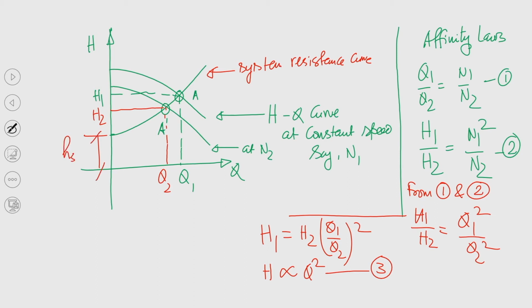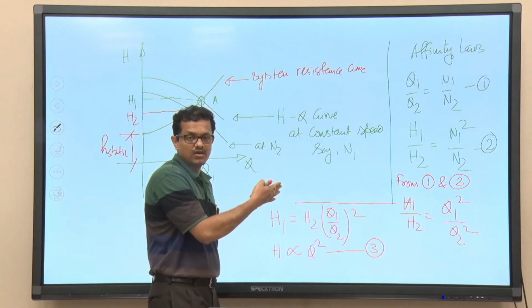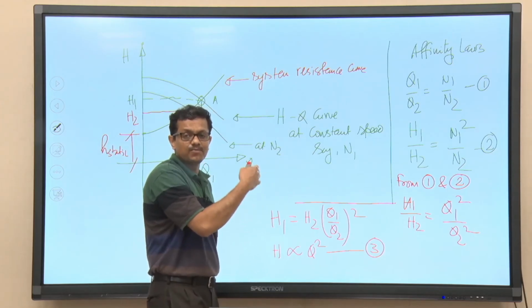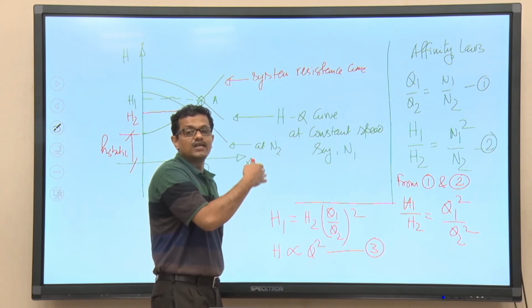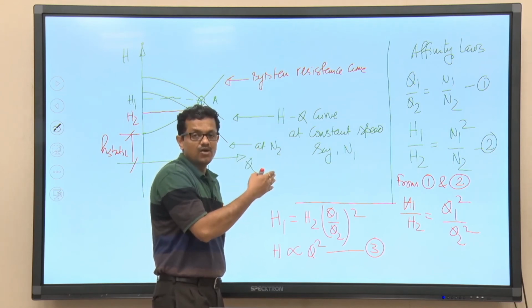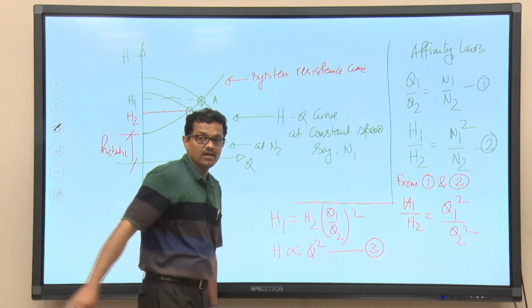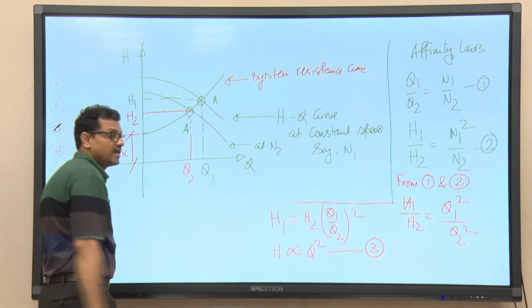So, if we make the static height equal to 0, then we can say that when static height is equal to 0, all similar points which are obtained at different speeds, in other words all similar points on different characteristic curves, will lie on a parabola provided the static height is equal to 0.